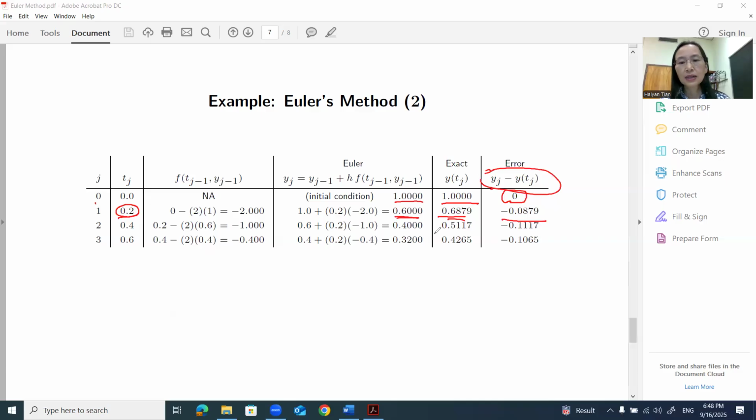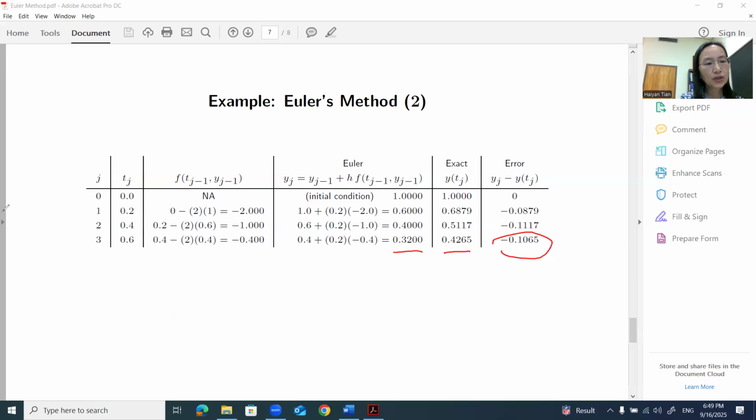And then the approximate solution compared to the exact solution, you get an even more negative number. So then you see the error at T3, now 0.6. The approximate solution compared to the exact solution, that's the error. So you see the error at different T values.